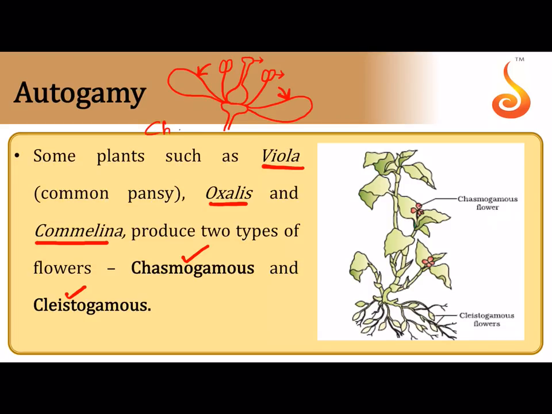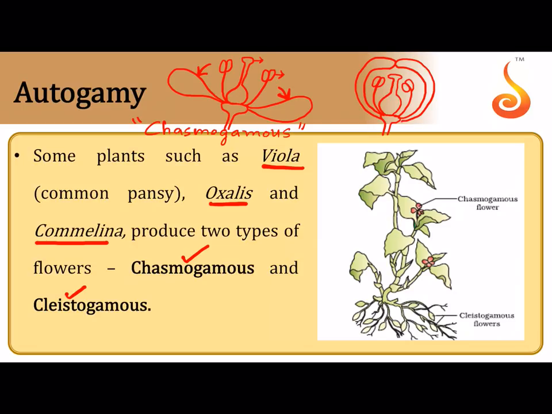Such a flower where the stigma and the anther are exposed is called a chasmogamous flower. Did you understand? Now what if they are not exposed? Say, let me show another diagram for you here. This is the stigma and this is the anther. And the flower doesn't open at all. See how the flower is closed.